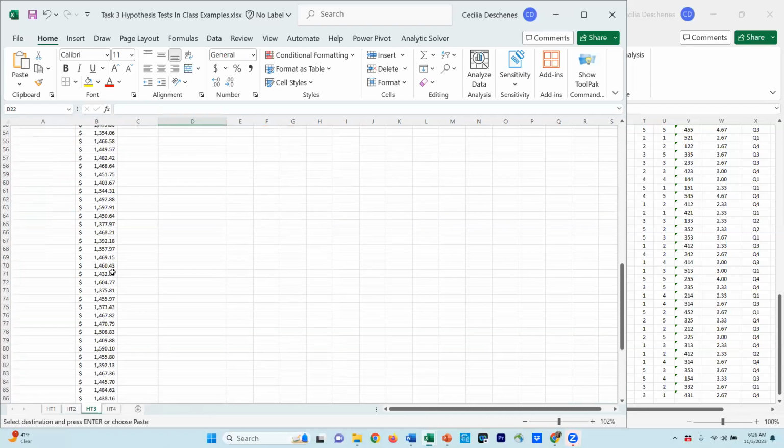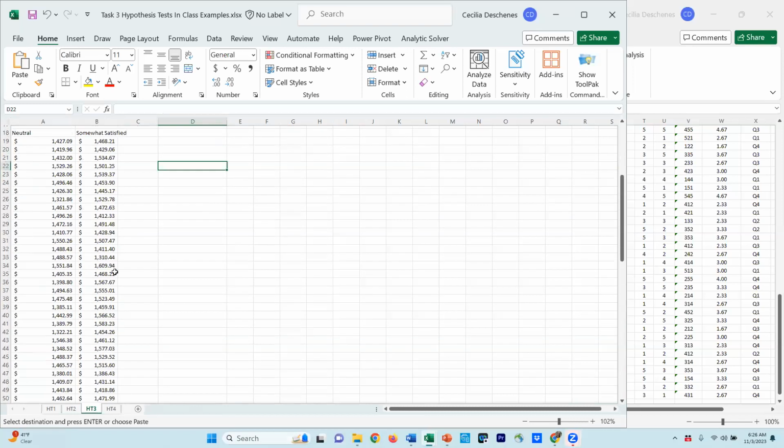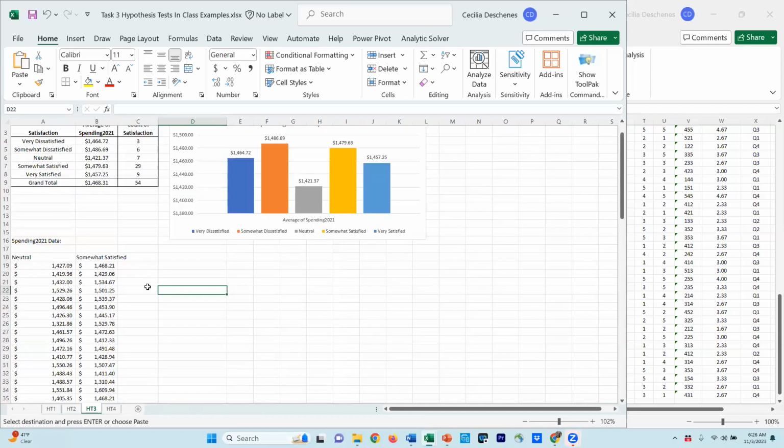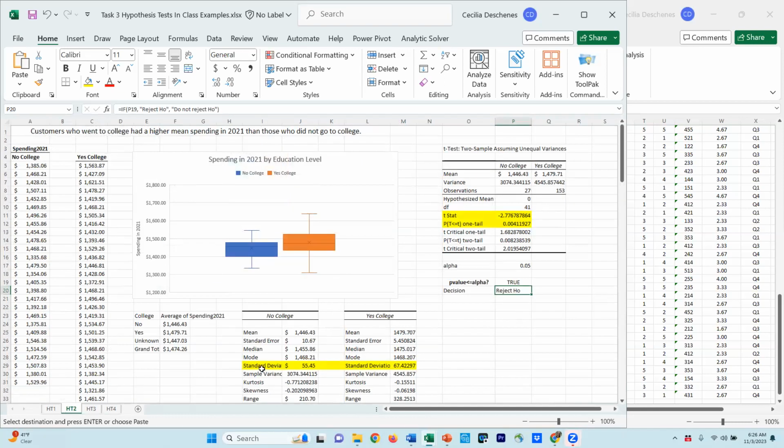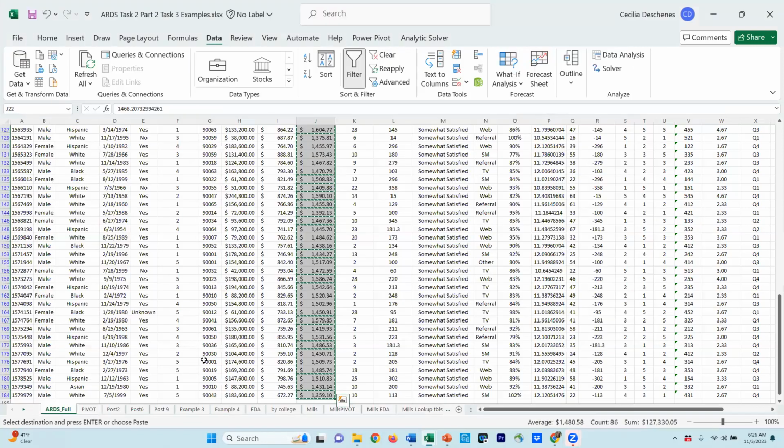And the amount of data should be different. We knew that. So now we have that data side by side. And now I'm going to need to run statistics on both of these because I'm going to need to compare the sample standard deviation, just like I did for HT2, to decide which test I'm going to need to use.